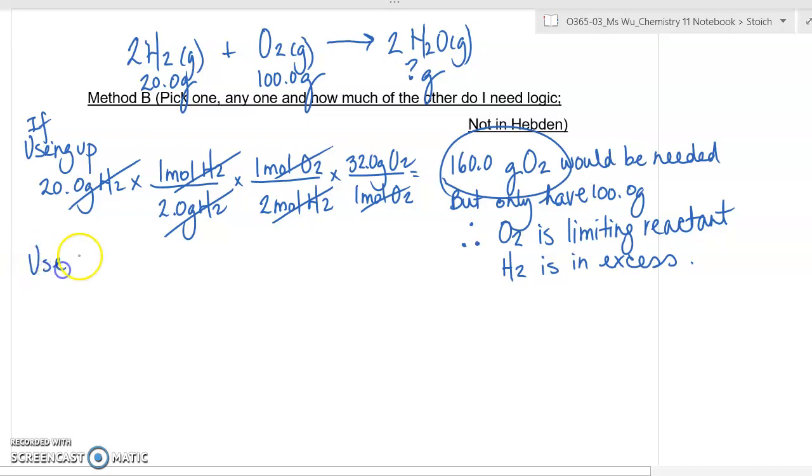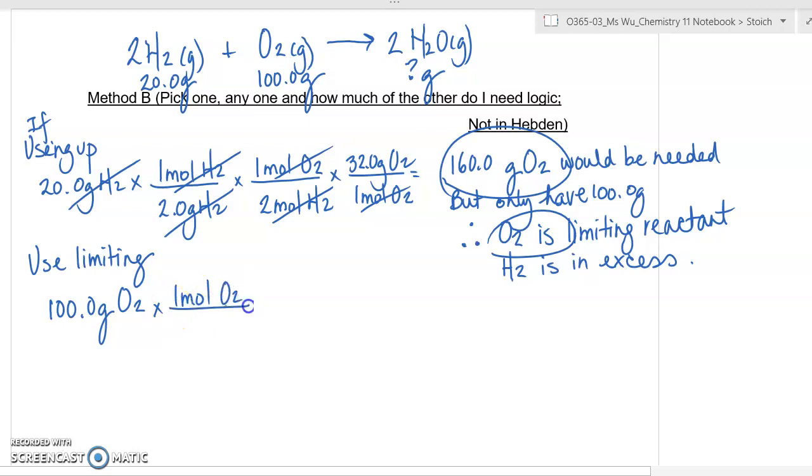We always use our limiting reactant to figure out what it is that we can make. We said our oxygen is our limiting, so we are using up all of the oxygen that is given. We will determine how much of the product we can make. And you've seen this before, you saw it in our last video, right?